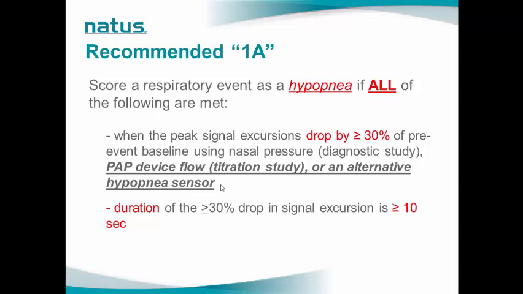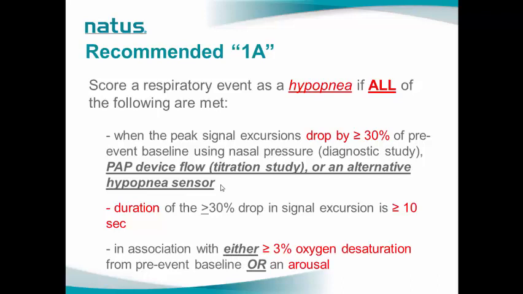The duration of the 30% drop should be at least 10 seconds, and the event should be associated with either more than or equal to 3% oxygen desaturation or an arousal event.